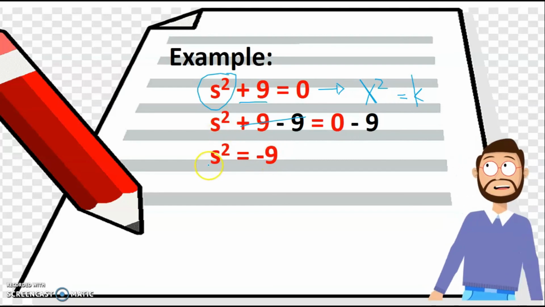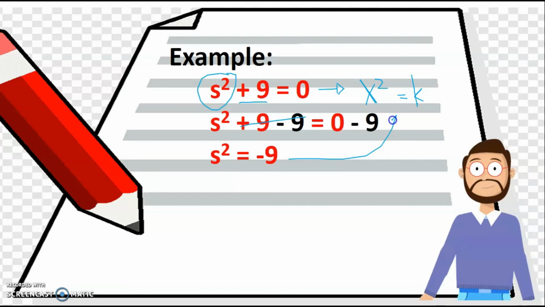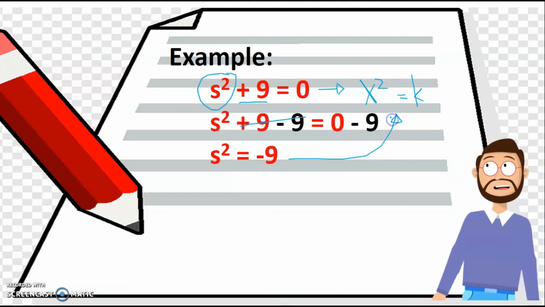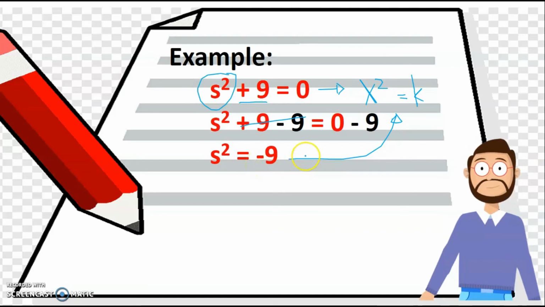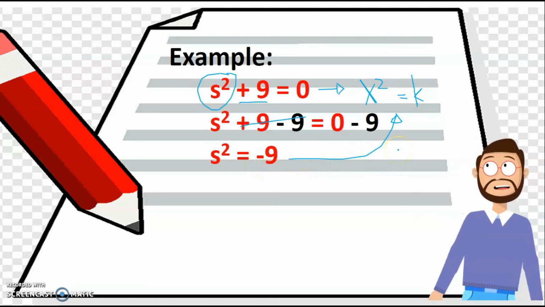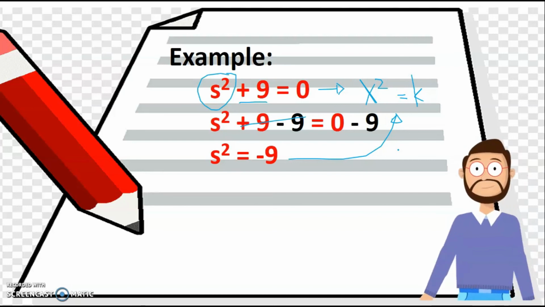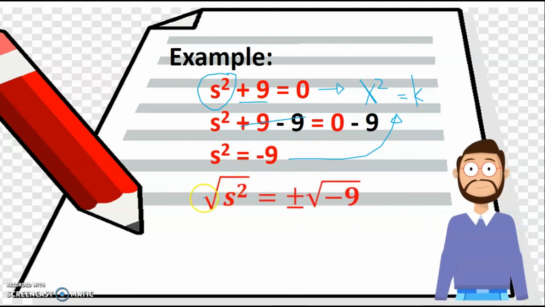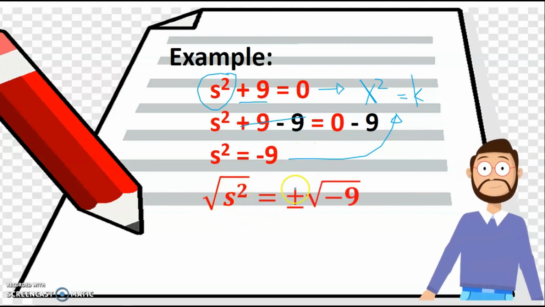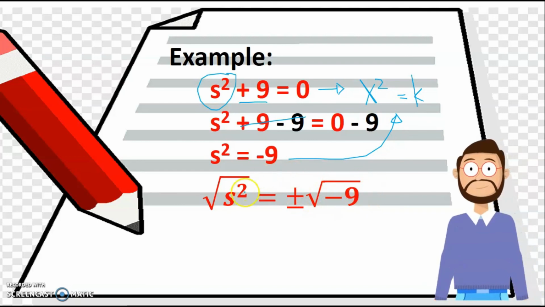Since s squared equals negative 9 is now in the form x squared equals k, where our k is negative 9, and negative 9 is less than 0, then we will expect that we have no real solutions or roots. Okay, to continue solving, we have here square root of s squared equals positive negative square root of negative 9.